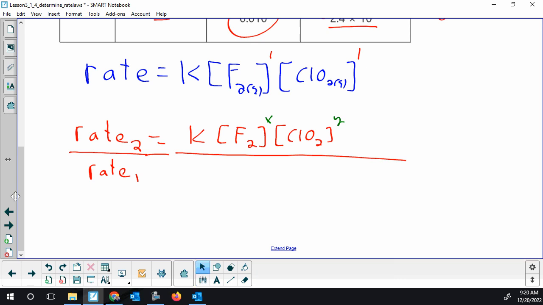For trial 1, it's going to be K. So rate 2 is different than rate 1. The concentrations will be different, but the rate constant is always going to be the same. One of the big reasons of comparing one rate as a ratio of another is it cancels out the rate constant. We don't even have to know what it is to figure out the orders.